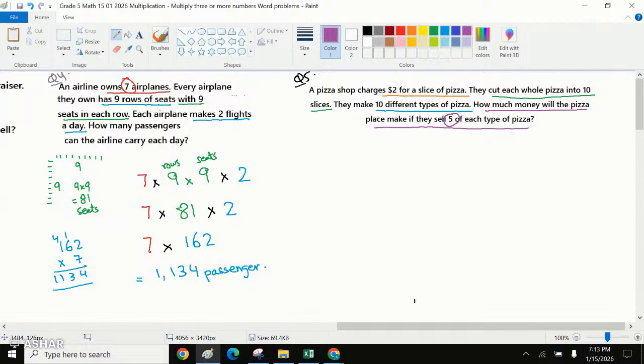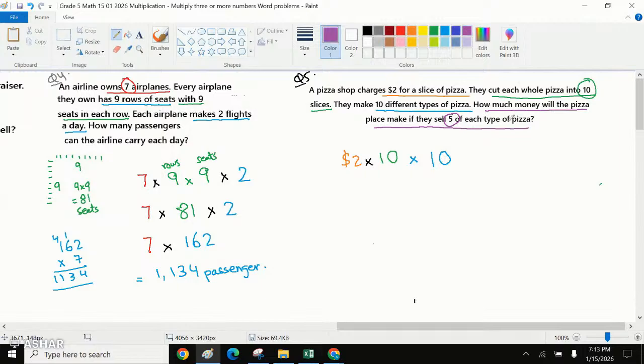So let's do that. How many pizzas? See, $2 per slice. How many slices were there? There were 10 slices. Agreed? And how many types of pizzas were there? That means $20 earning per pizza. There were 10 different types of pizzas, right?